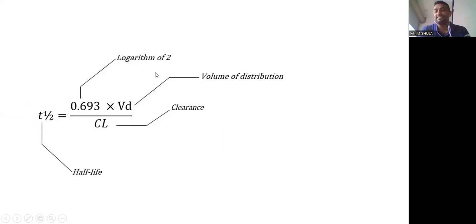That's why a drug with an increased volume of distribution most of the time will have a large T half. Like that, you can tackle a few MCQs by knowing this equation. There are a few equations in pharmacokinetics. If you know them and use your mathematical knowledge, you can tackle most of the true false questions.